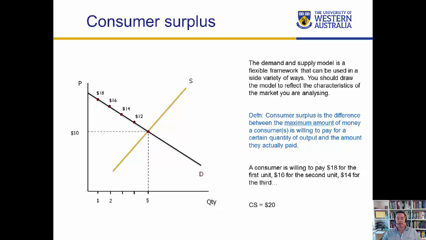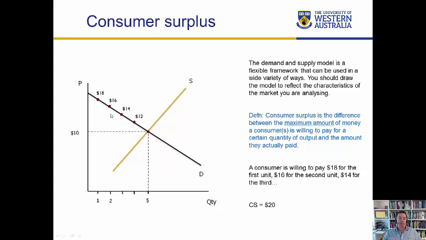So $18 is a measure of the utility or the enjoyment that you would get from that first pizza. You get $18 worth of enjoyment, but you only have to pay $10. So that difference of $8 between the $18 you'd be willing to pay and the $10 you actually pay is your consumer surplus on the first pizza that you consume on Monday.